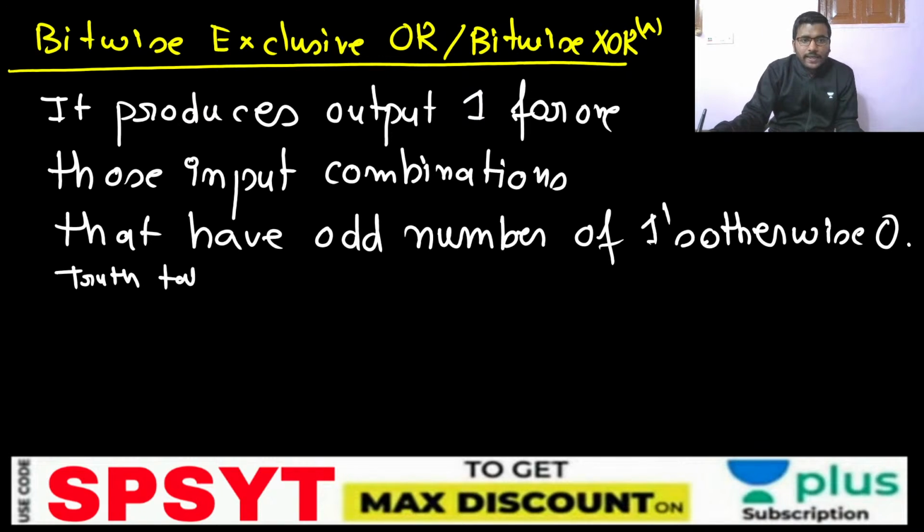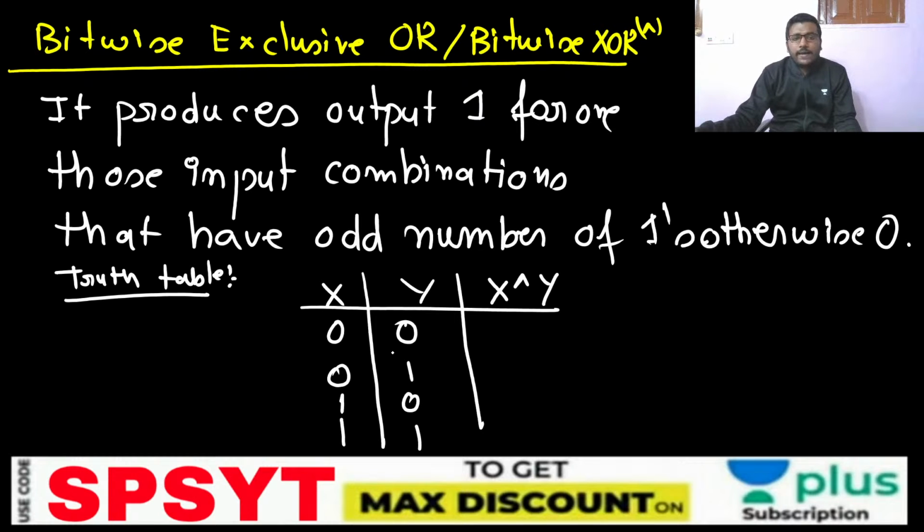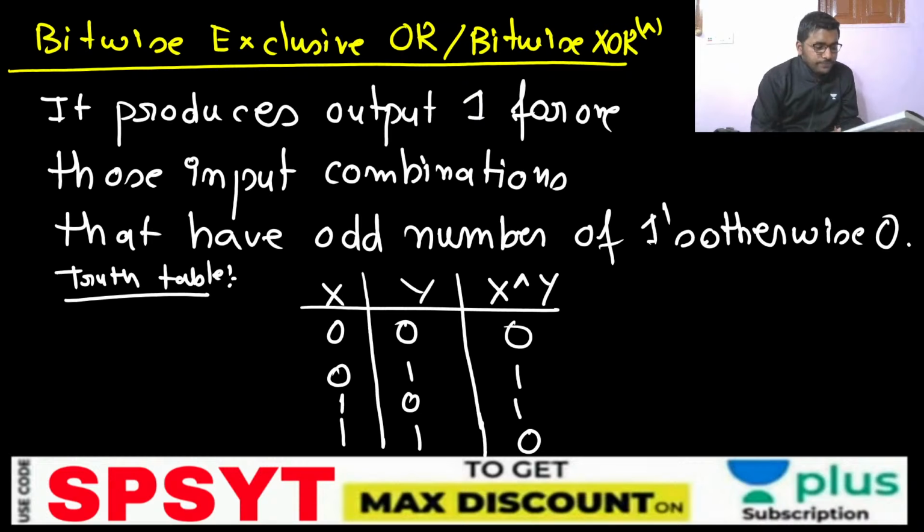So the truth table is like here you are having x, y, and this is x XOR y. 0 0 1 1, 0 1 0 1. It is having an odd number of 1s, so 1; with an even number, 0. This is the truth table. So bitwise exclusive OR is done.